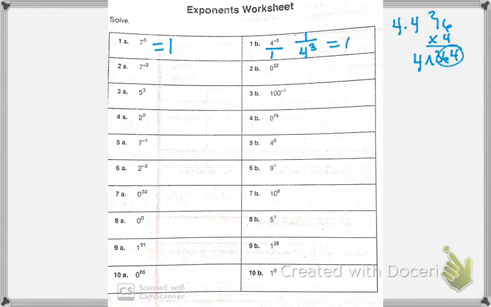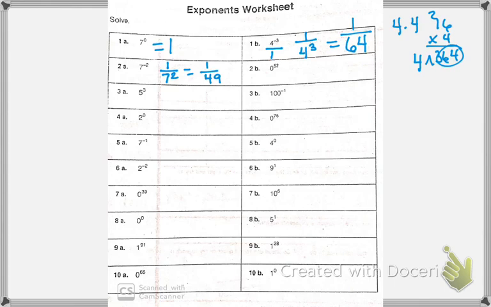So we would know this is the same as 1 over 64, so 1/64. Okay? All right, so if we look at 2a, we have 7 to the negative second power. This is the same as 1 over 7 to the positive 2 power. Now we know that is 1 over 7 times 7 is 49.